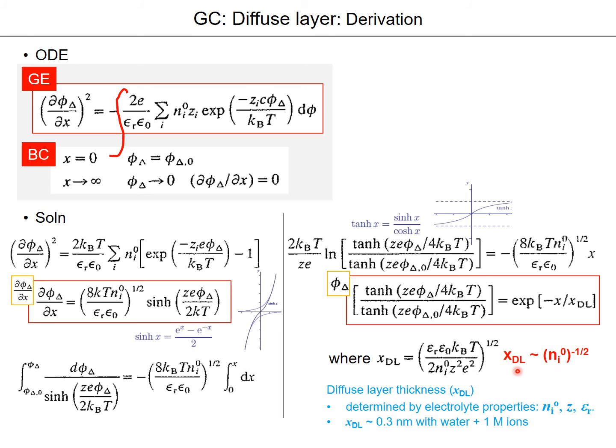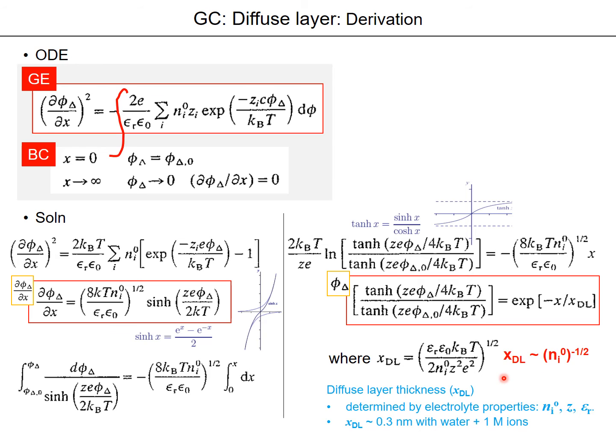One of them is the concentration term, I mean the bulk concentration term. The diffuse layer thickness XDL is inversely proportional to the square root of the concentration of species i.